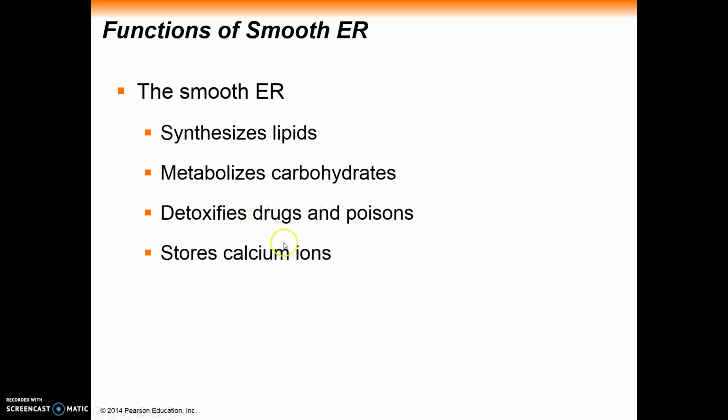From the outside, we might get into the environment and pick up some type of poison, or we might be consuming some type of drug or something external. All these things that the cell doesn't want can essentially be broken down by enzymes into smaller non-functional pieces. And this occurs in the smooth ER. Smooth ER is also a big source of calcium ions.